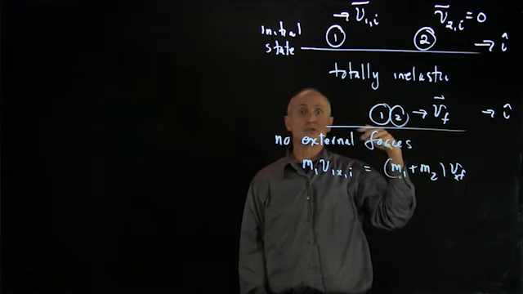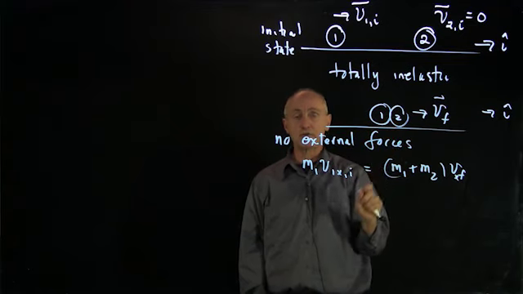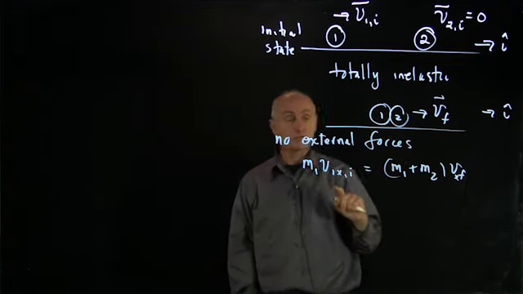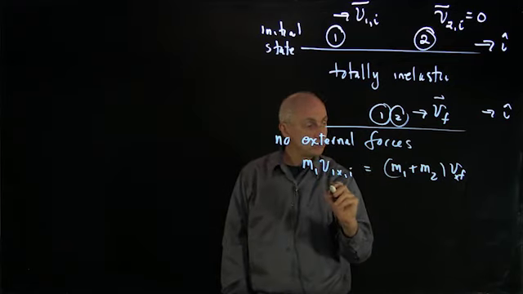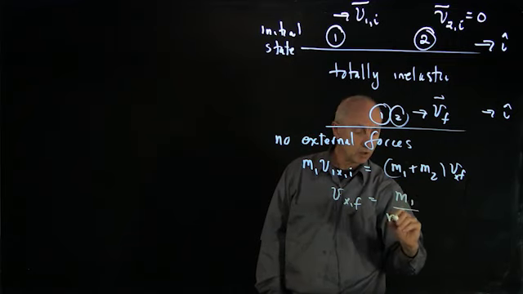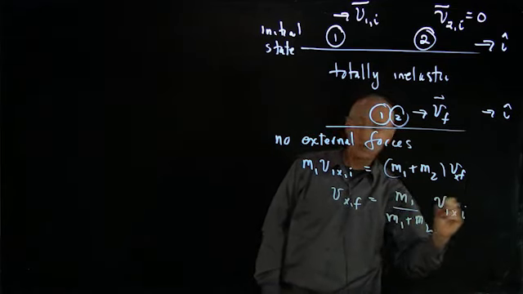There could be noise. There could be heat generated in the collision. Lots of sources. When objects stick together, kinetic energy is not constant. In fact, we can even figure out the change in kinetic energy because we can see here that Vx final is m1 over m1 plus m2 V1x initial.